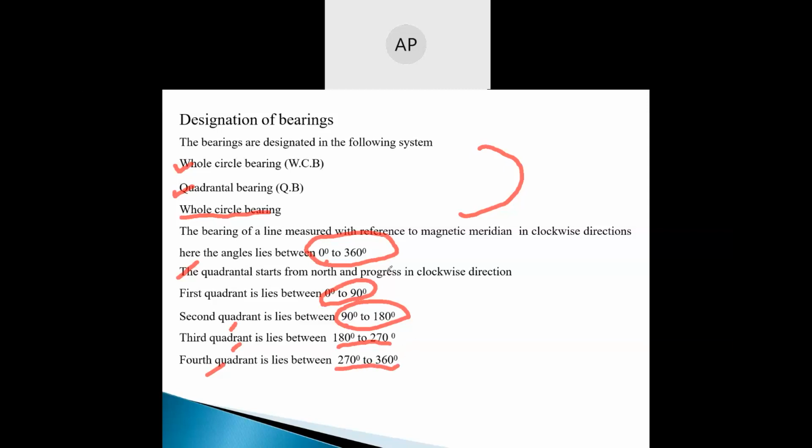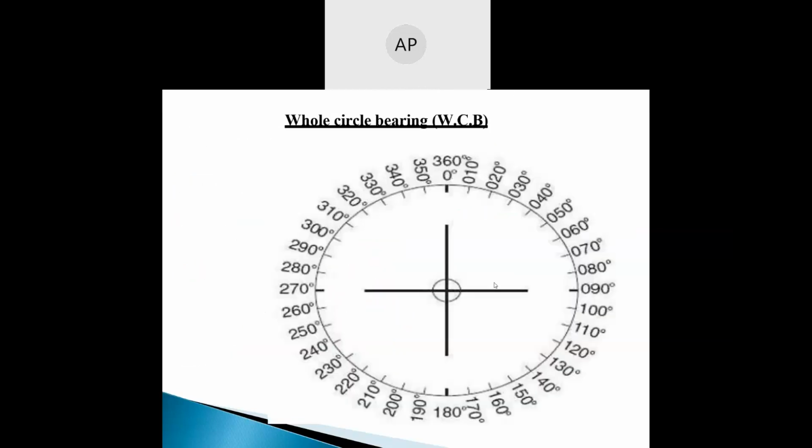So these are the two bearing systems. This is the whole circle bearing system. The angles can be measured from 0 and it is measured in clockwise direction.